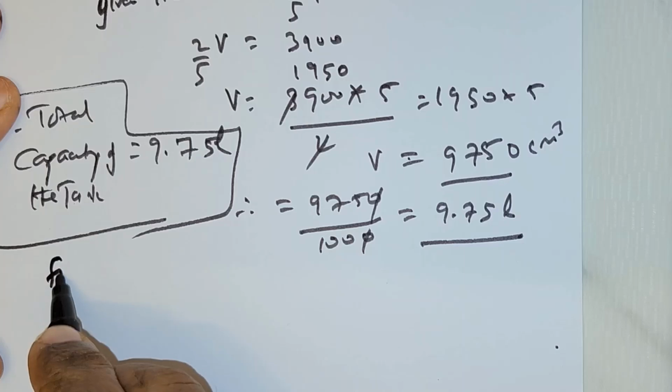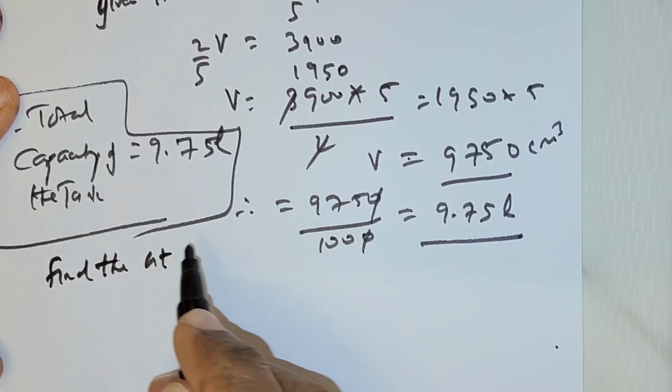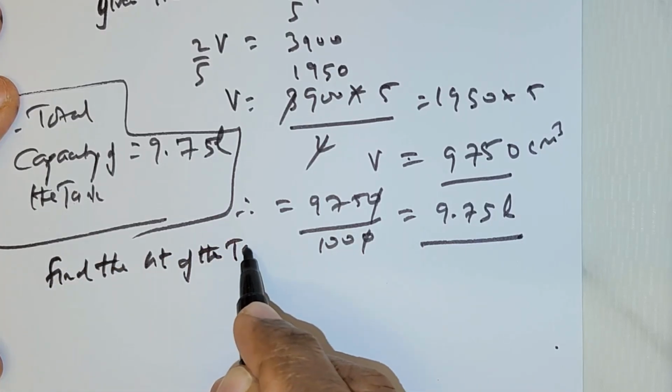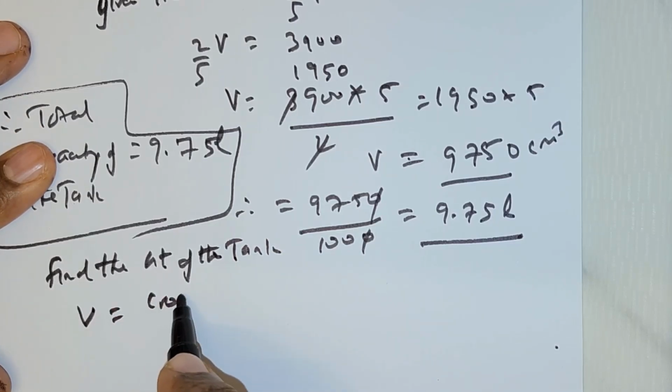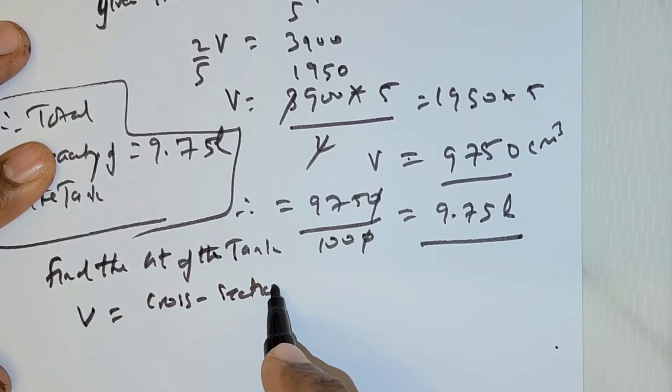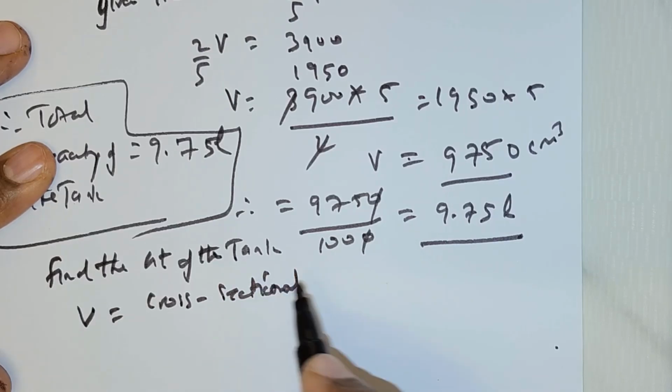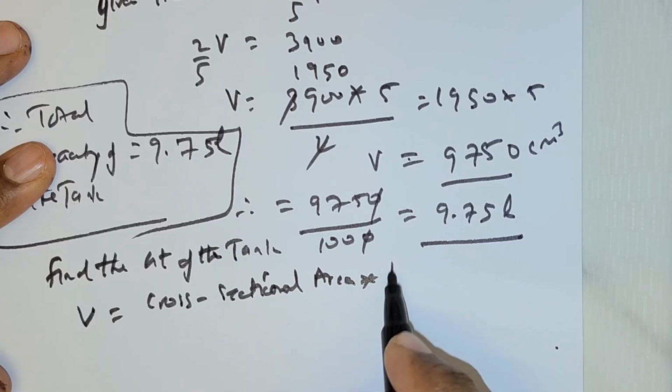Next we are asked to find the height of the tank. Now we have a formula. Volume is equal to cross-sectional area multiplied with h.